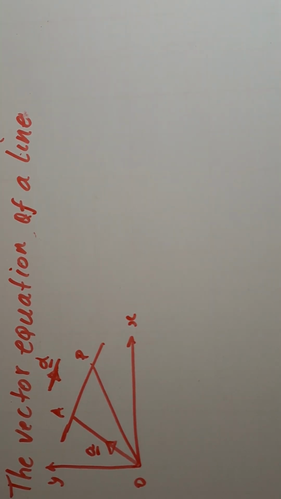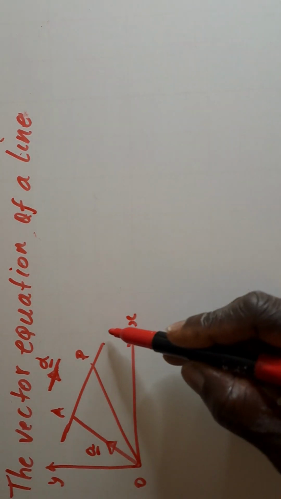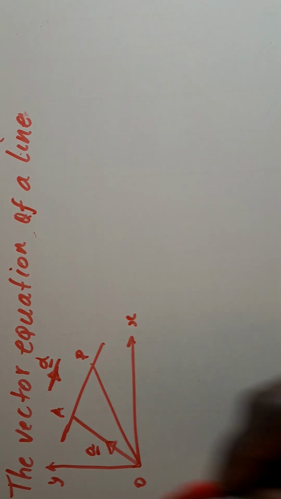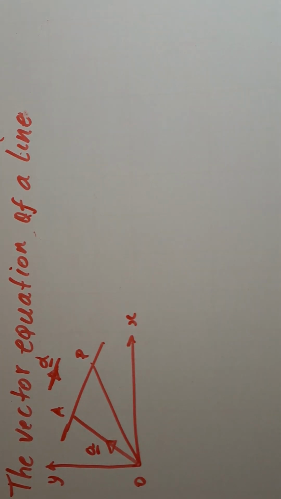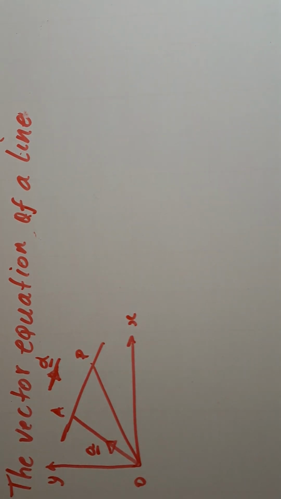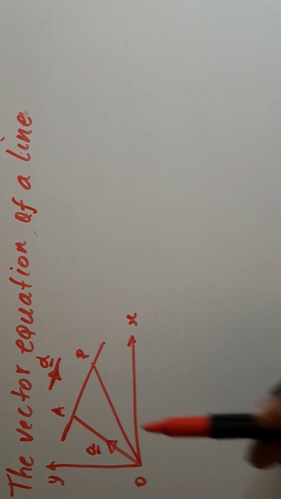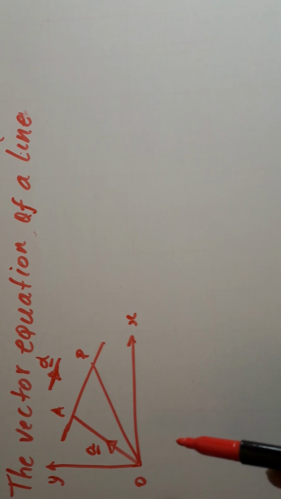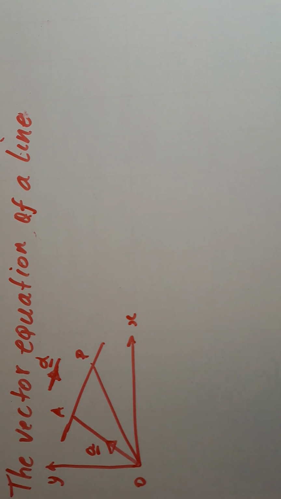Right, here's our little sketch of our explanation. If we consider a line in the xy plane, so we're considering this line here in this xy plane, whose direction vector, which is d, passes through a point A with position vector A. Let's write that.